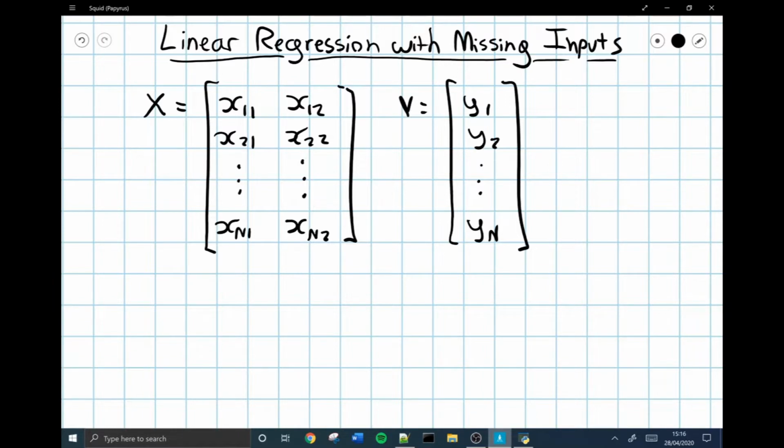So I'm going to suggest a model which says, we think that f of xn, so let's say vector xn, that's one of these vectors, is equal to some parameters, parameter 1 and parameter 2, so that's a vector, multiplied by the first component of xn and then the second component of xn.